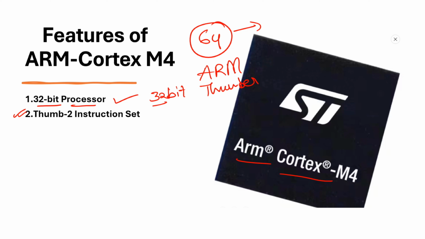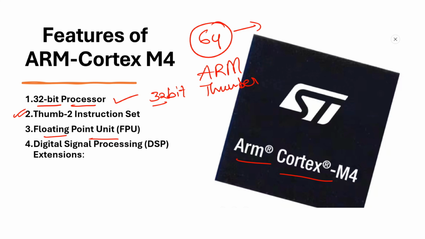Next, floating point unit. We already discussed floating point unit in the block diagram. It is one of the important units mainly used for high-end arithmetic and logical operations. Next one is digital signal processor. Here in ARM-CORTEX M4 we have DSP also for audio applications. Next, low power consumption.